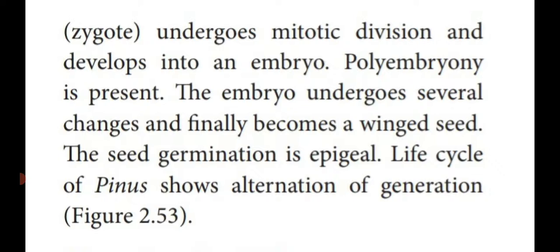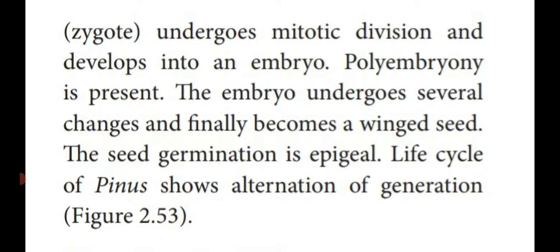The Pinus plant also shows the alternation of generation, that is, the sporophytic phase followed by the gametophytic phase is known as alternation of generation. The important one is that the polyembryonic condition is seen in Pinus. Seed germination is also of one type, known as the epigeal condition.